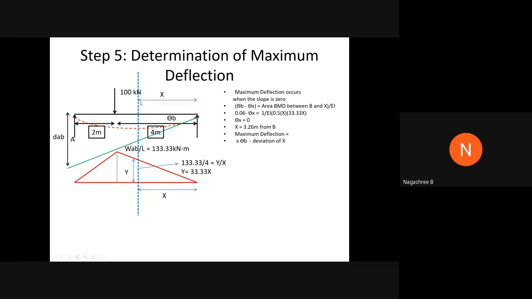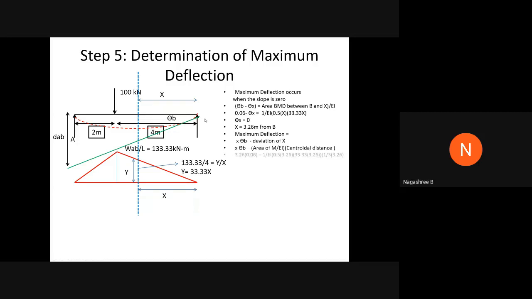The span is x meters, multiplied by the slope theta b, minus the deviation of x. Deviation of x is the area of the M by EI diagram of this span x, multiplied again by the centroidal distance. So deviation of x is the deflection of x with reference to B.